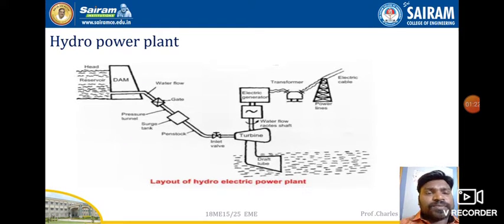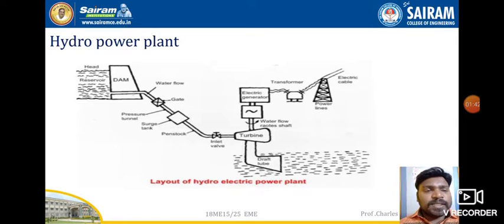In this penstock there will be a pressure tunnel or gate, where the water is allowed to flow, and there is a surge tank, and then an inlet valve before entering the actual turbine.